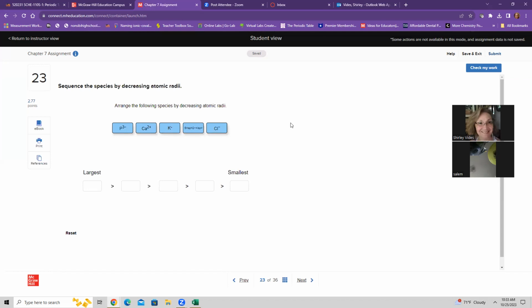So in this case, we've got ions. And this is where we have to think, which noble gas are we looking at? So calcium is going to be noble gas argon. Okay, so we're just going to put it under here. Oops, well, we cannot put it under there.